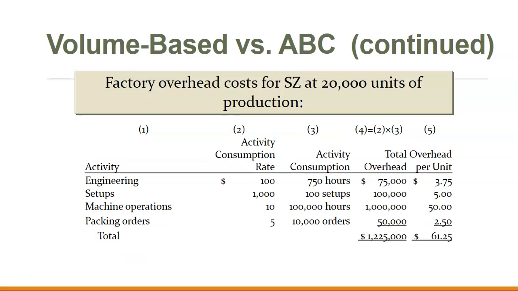We also apply our factory overhead cost to the SC product line. This product line has 20,000 units of production. We apply each activity rate and get total overhead to the SC line of $1,225,000 and total overhead per unit of $61.25.